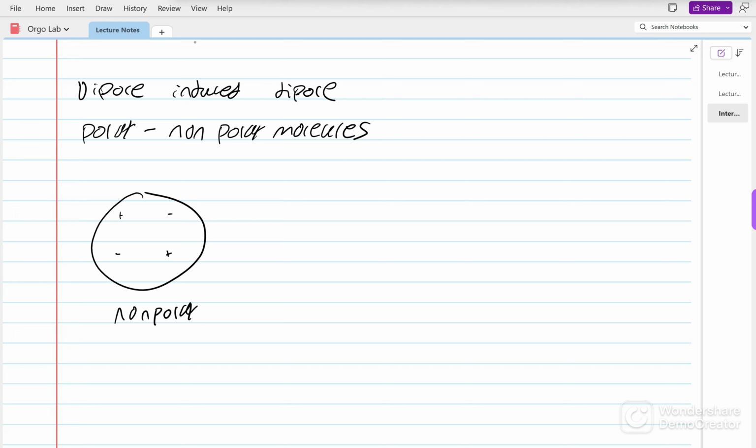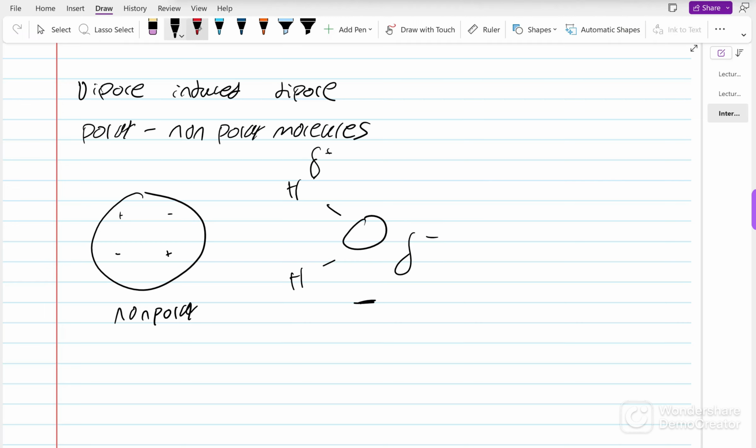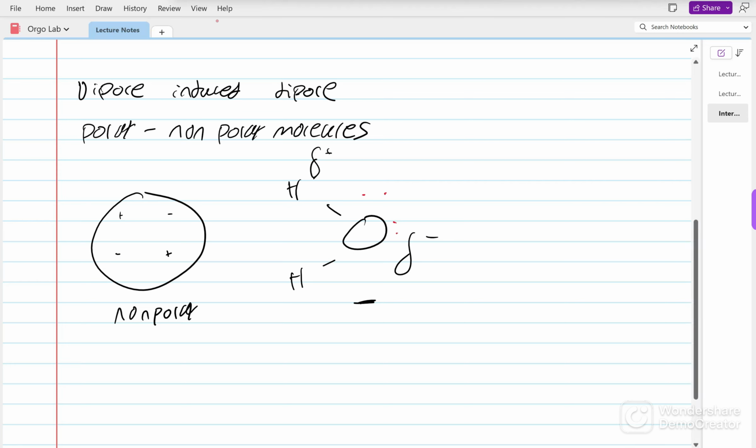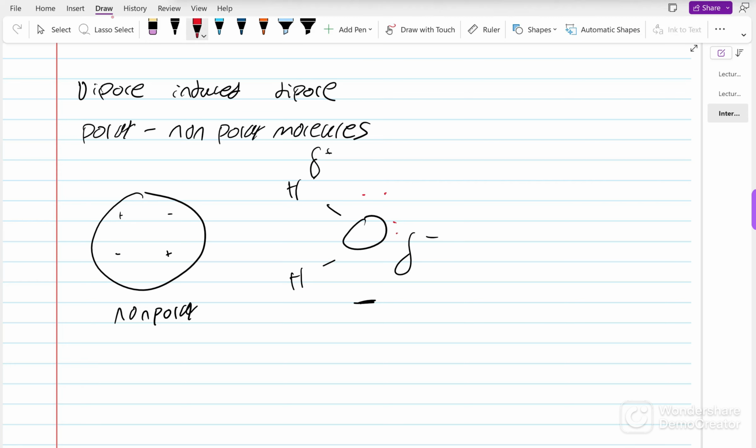And then you've got something like, for instance, water, which as we know is a polar molecule. Who would have guessed that? Me, I would have guessed that. With this little negative charge over here on the oxygen in comparison to our hydrogens.